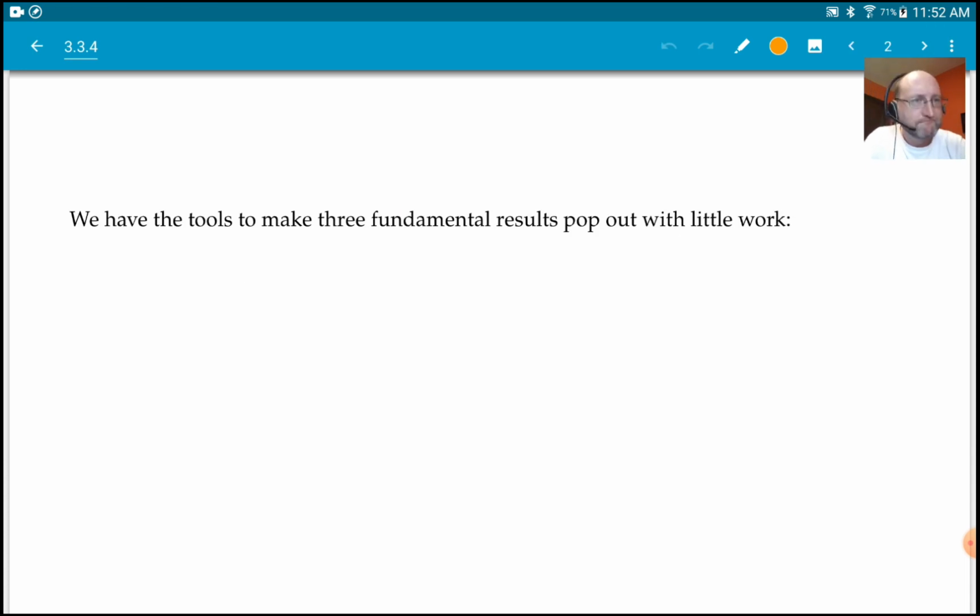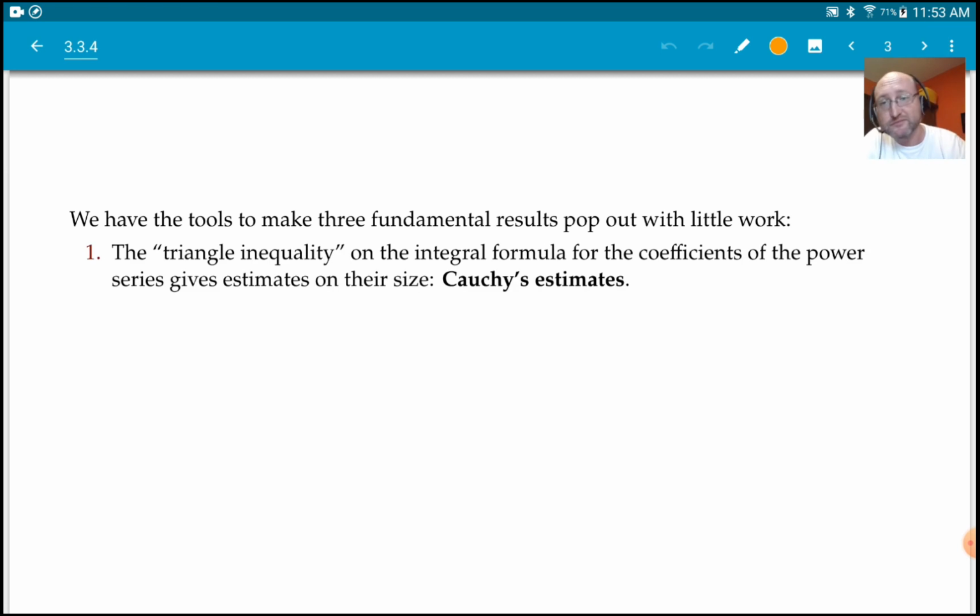All right. So what are the results? So first, Cauchy's estimates, and it's basically we look at the Cauchy integral formula and we do the obvious estimate on, actually you look at the Cauchy formula for the coefficients of the series.